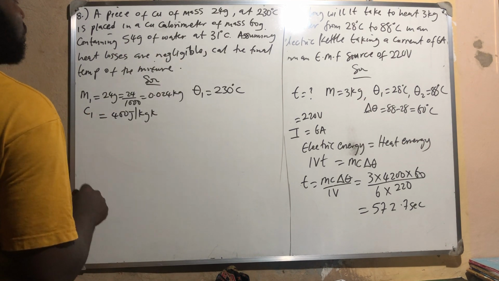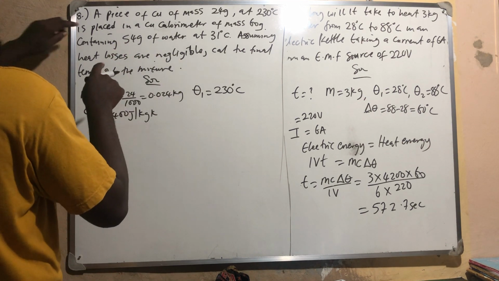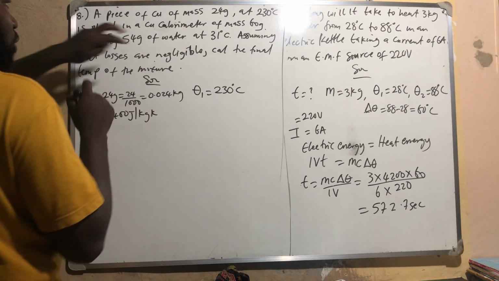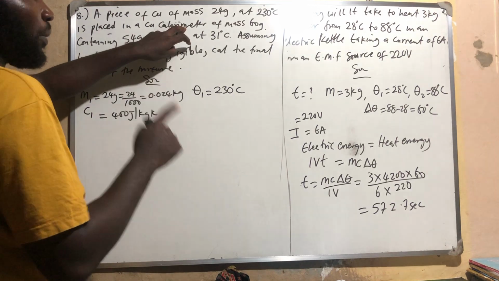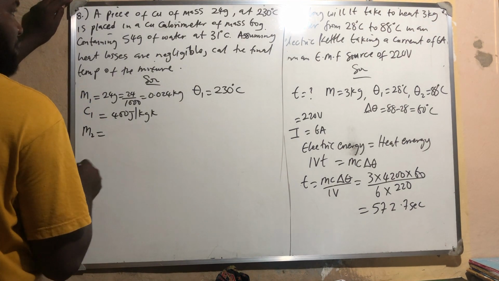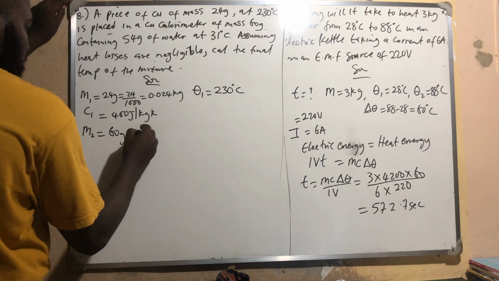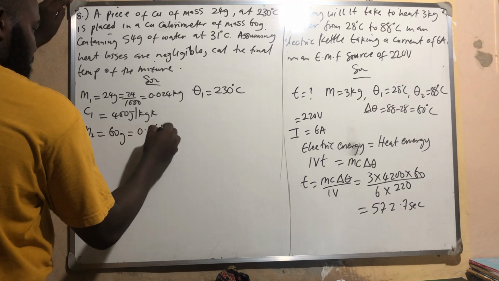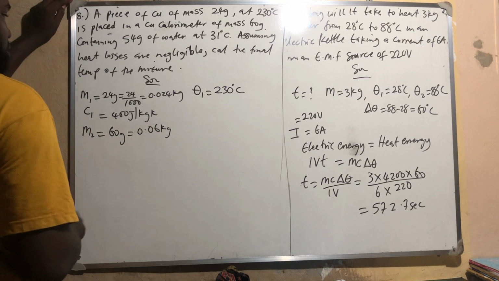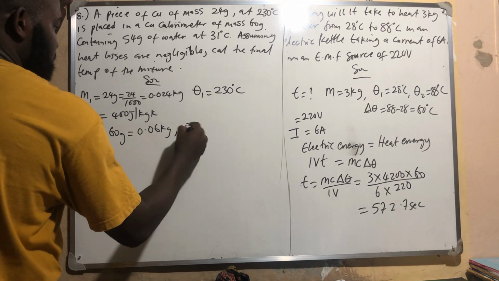Let's go to 222. It's given with is placed in a copper calorimeter. So calorimeter is what they're telling us about. So let's take that one as 222. So M2, the mass of the calorimeter is 60 gram, which is 0.06 kg. So the next thing is theta 2.